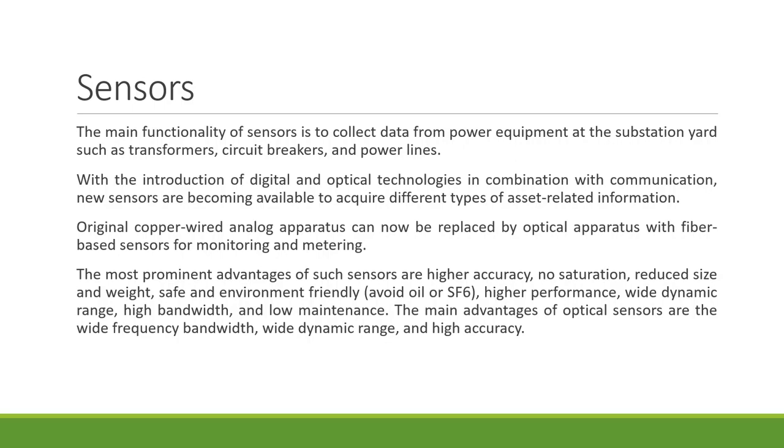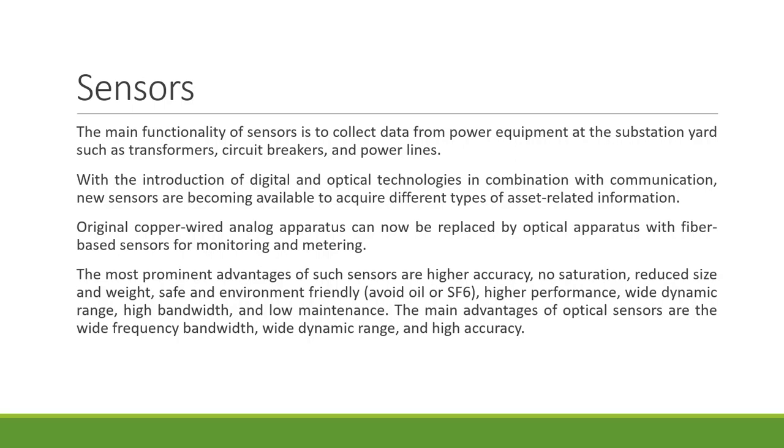Now there is advancement in technology. We all know that there is advancement in digital and optical technology. So in combination with communication, the sensors are becoming more advanced. They are available with advanced technology, that is, you can say digital and optical, both combined.